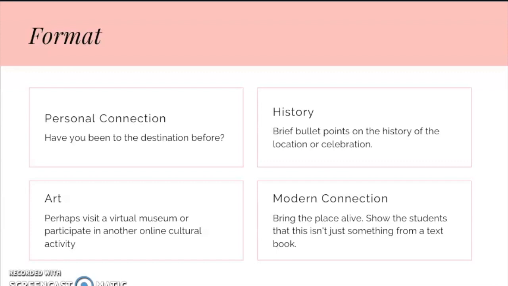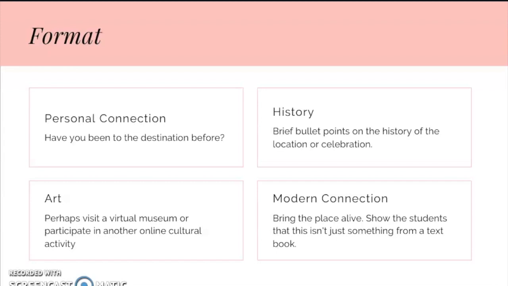And then finally, a modern connection. Bring the place alive. Show that the place is still alive. I've had countless times in the classroom where students are like, oh, they still do that? And it's like, yes, they still practice X, Y, and Z, or they still have this party, or they still celebrate this tradition, or this place still exists.